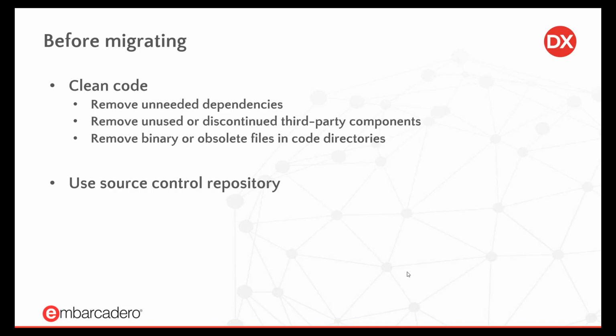I really like doing this one because once you're done, you end up with source only. So removing binary and obsolete files in your code directories is just a really good practice.